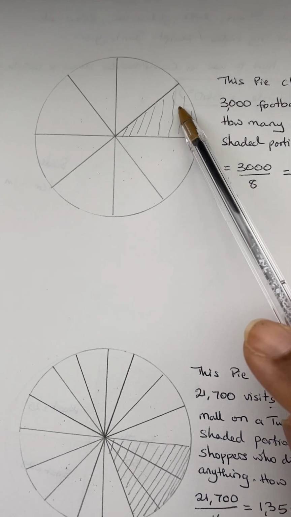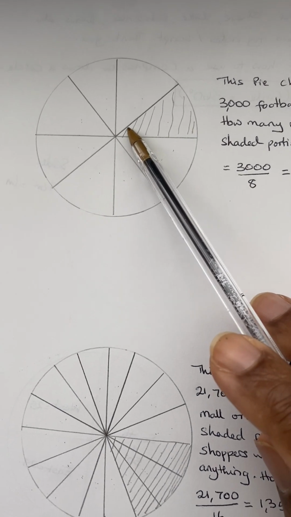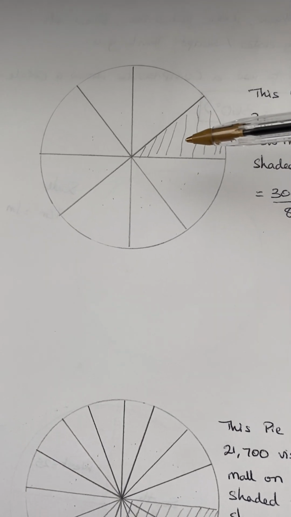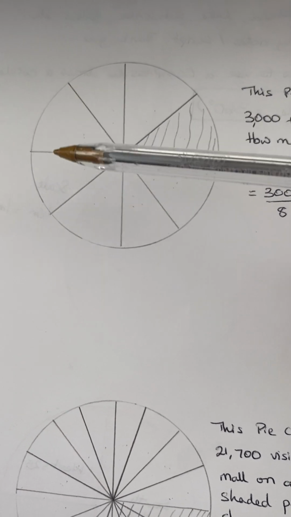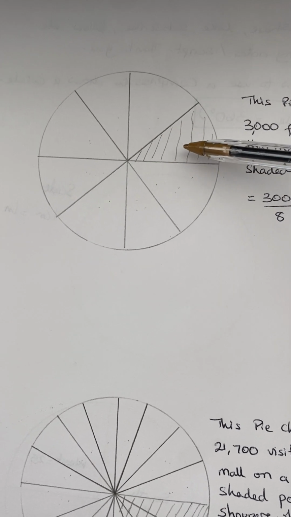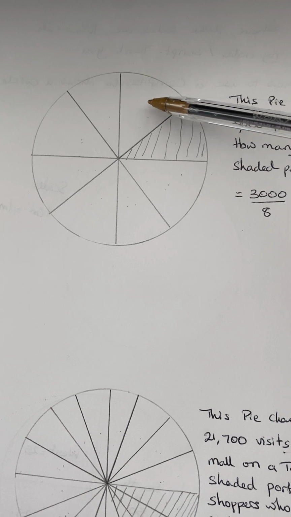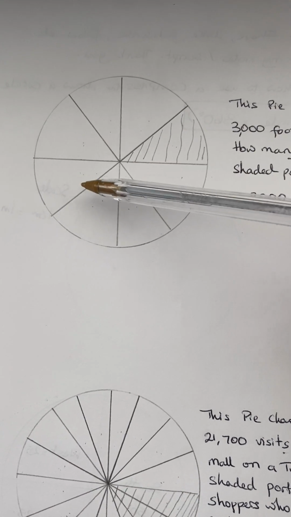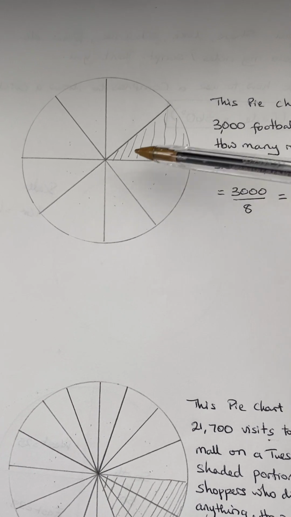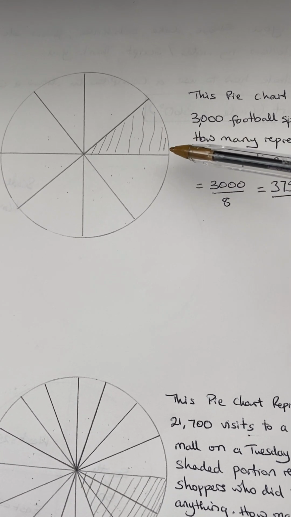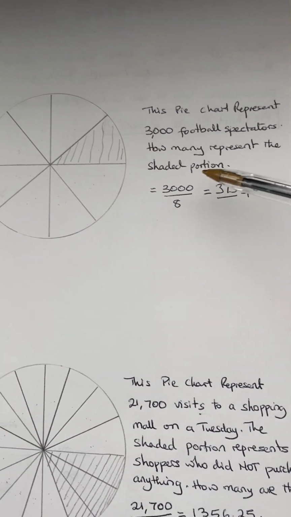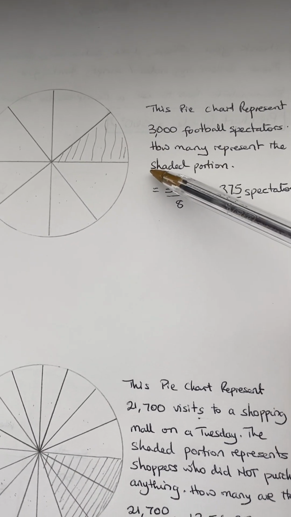Okay, now they've shaded a part. So look at it. It looks like the parts that have been shaded are somehow equal. So they have 1, 2, 3, 4, 5, 6, 7, 8. So 8 parts. The shaded parts, okay, represent how many people?